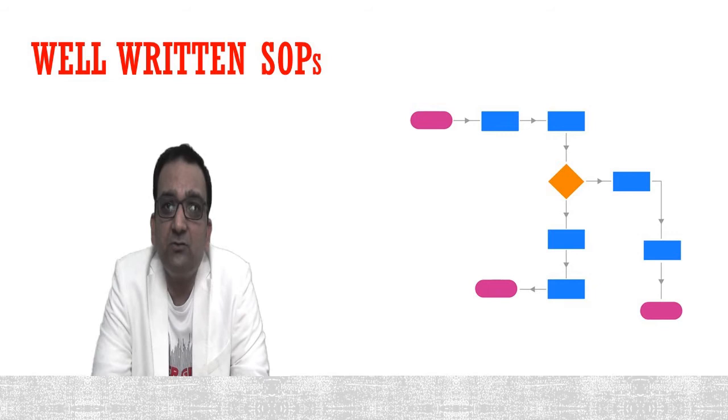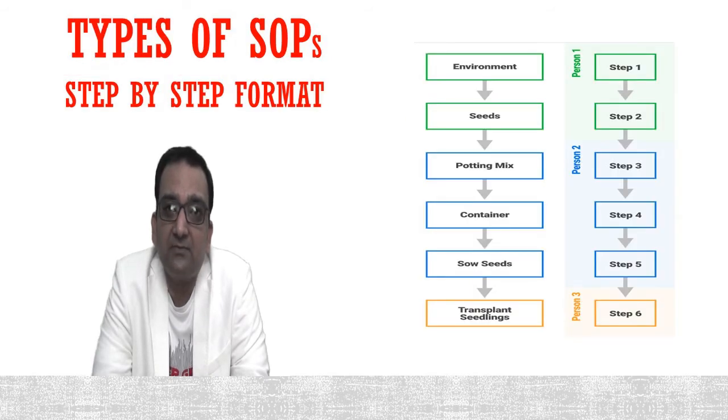While companies are free to develop their internal standard operating procedure documents in a format that works best for them, most organizations choose from one of the formats which we are discussing right now. Step-by-step format. In some cases, it may be sufficient to create a simple numbered or bulleted list of steps to take when completing the process.